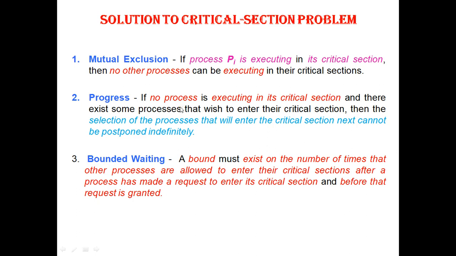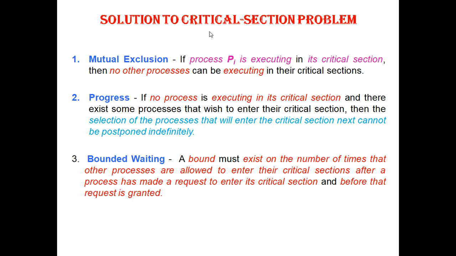And always remember that whenever your processes are running in the critical section, it should mandatorily satisfy the first two conditions. The first one is mutual exclusion, the second one is progress. The bounded waiting condition is optional. In your GATE exam, they will ask what are the conditions to be satisfied for a process to enter its critical section.